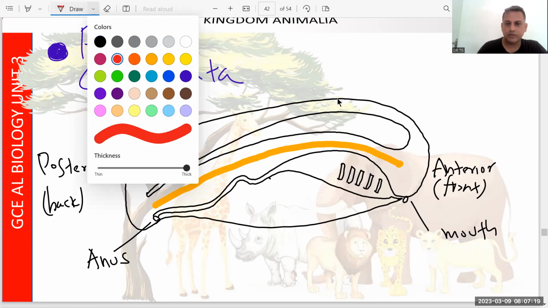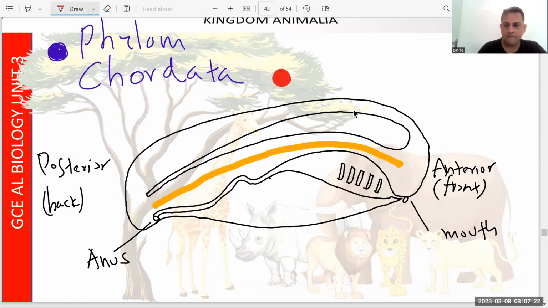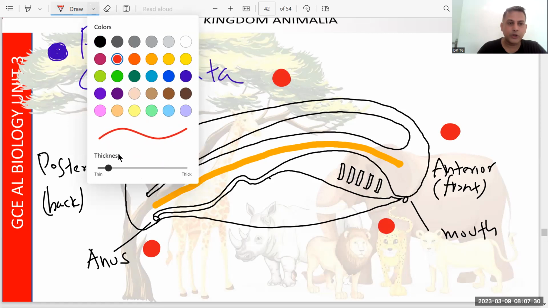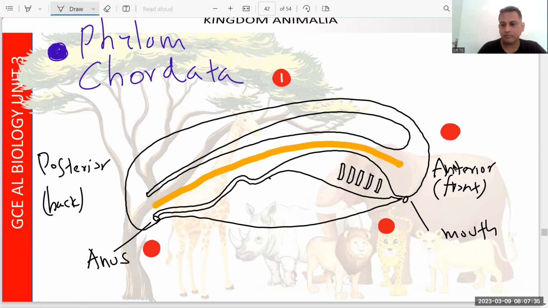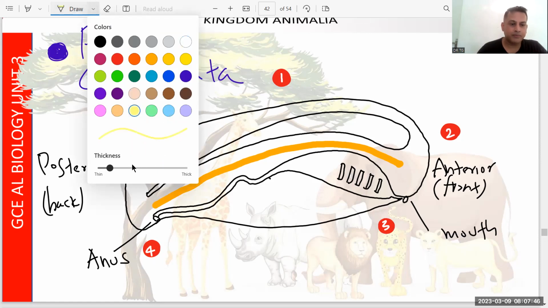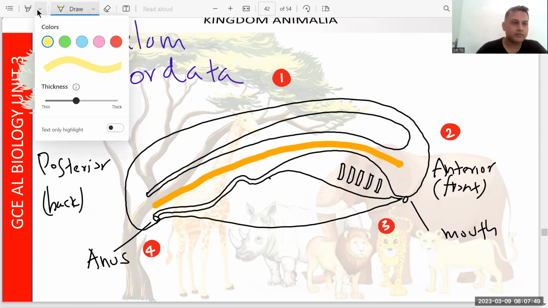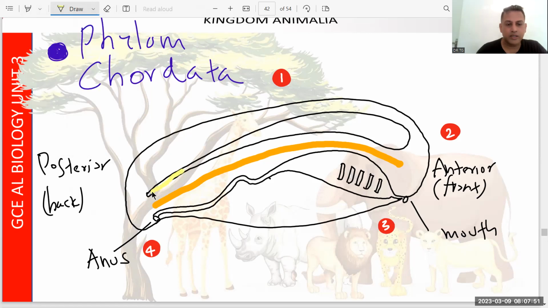Next, I'm going to show you 4 important features unique to phylum Chordata. The first one, I'm going to show this structure, the yellow color one.